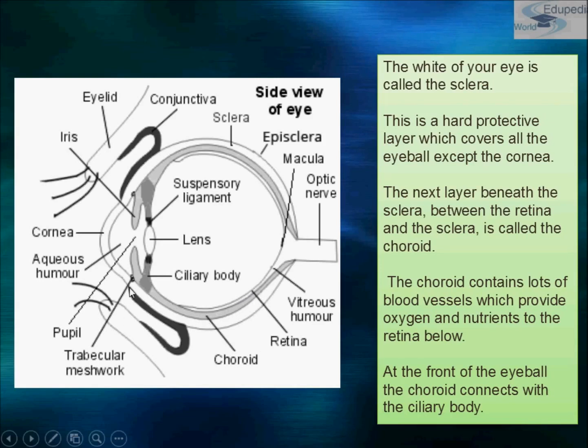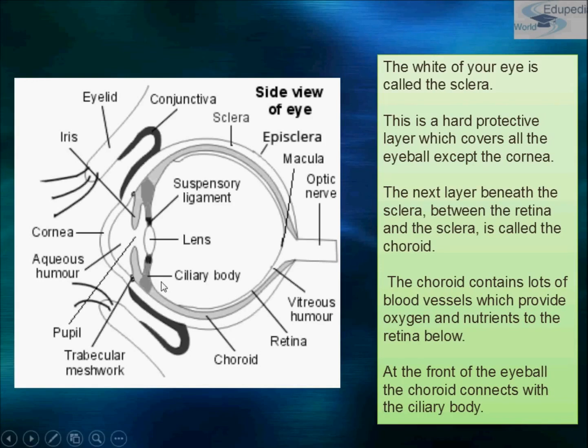At the front of the eyeball, the choroid connects with the ciliary body. See, this is your choroid, right? What does the ciliary body do? It is just behind the junction between sclera and cornea. The choroid becomes thickened to form the ciliary body.